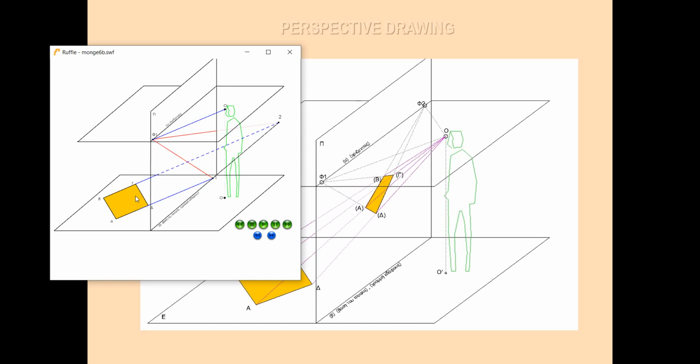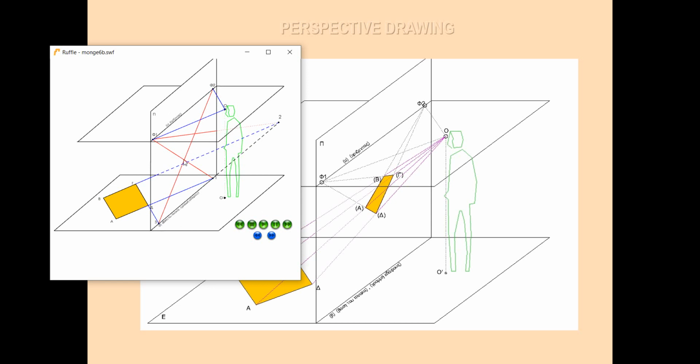In the same way, if we extend this side of the square, we will find on the baseline point 3. Now we need to draw the parallel of this side from point O. And we find on the horizon line point phi2. If we join phi2 with 3, we have the perspective image of this side of the square.